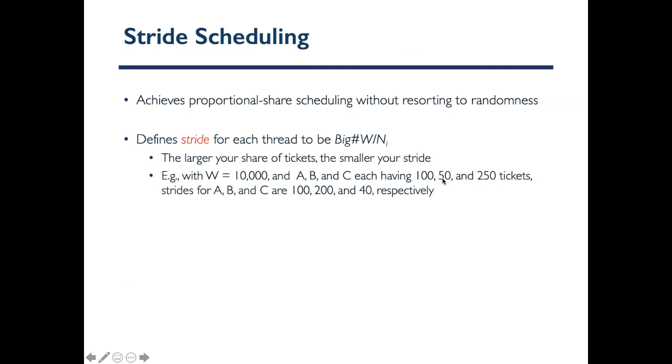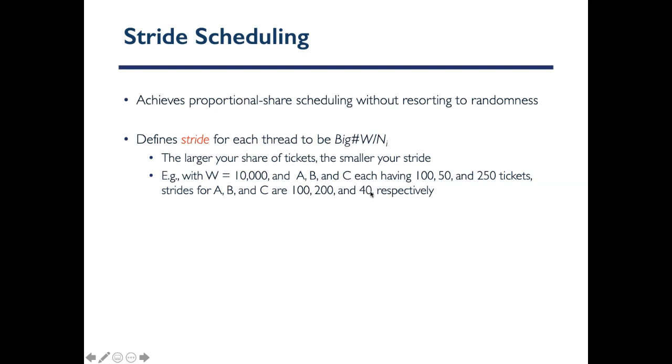Now let's see what the stride is for each one of them. The stride is 10,000 divided by the number of tickets they have. So the stride of A is 100, the stride of B is 200, and the stride of C is 40. So now it's just the inverse. If you are a high priority, you will have a really low stride.